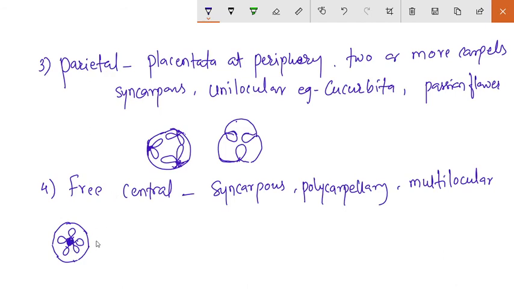Okay, so it is known as the free central placentation. It is known as the free central.